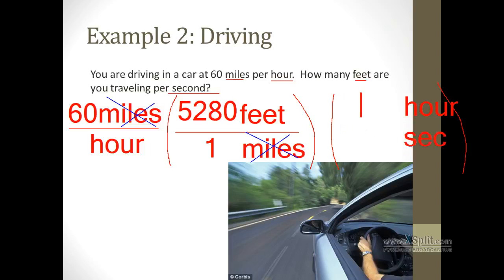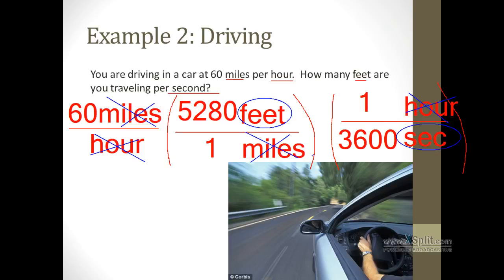I know from our sheet on the first slide that 1 hour converts into 3,600 seconds. Once I have that down, hours are going to cancel out. The only units left are feet on top and seconds on the bottom. That's going to give us feet per second.